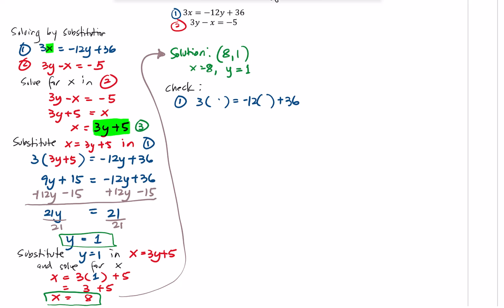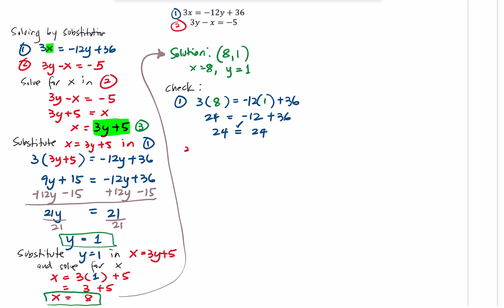So our x is 8, our y is 1. Simplify. This is 24 equals negative 12 plus 36. 24 is really equal to 24.